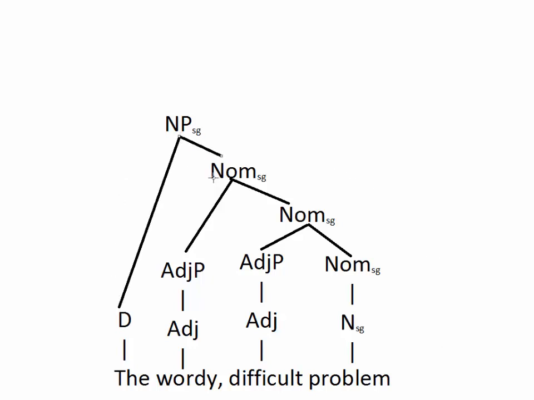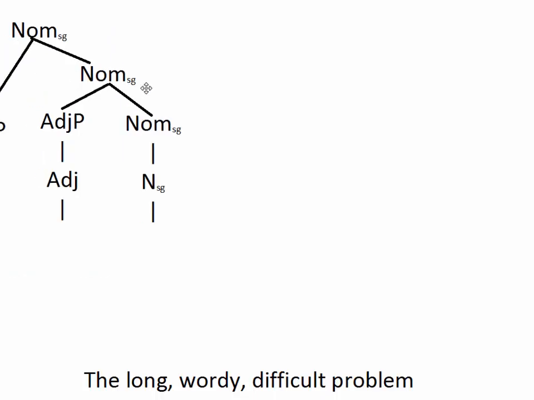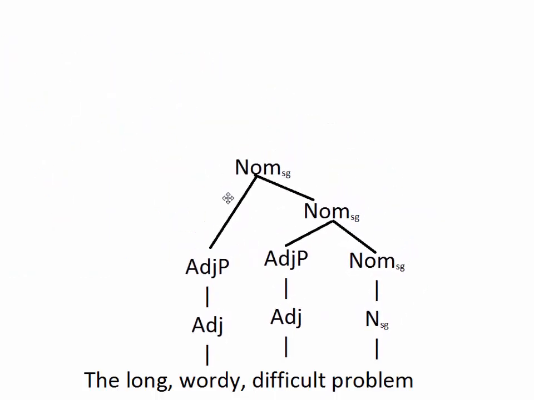And of course, we've got a nominal here, so if we wanted to, we could have added another adjective to it. Let's see how that would work. Okay, so we could add in the adjective long to make the long wordy difficult problem. We already know what the structure is for wordy difficult problem. It looks like this. Okay, so there's that.